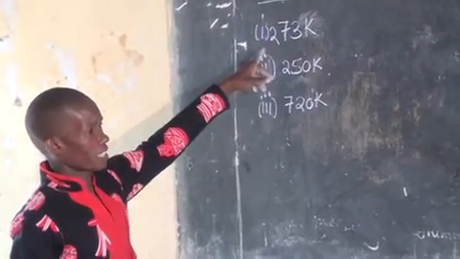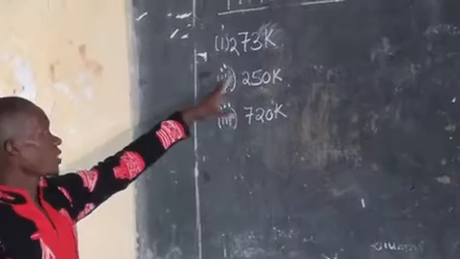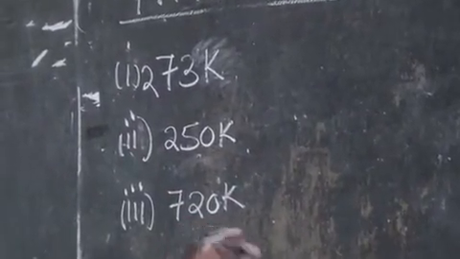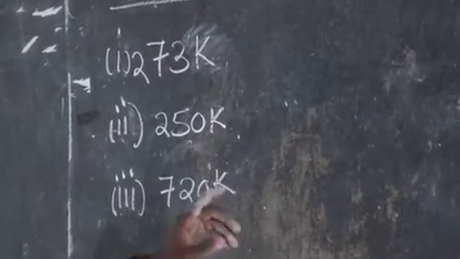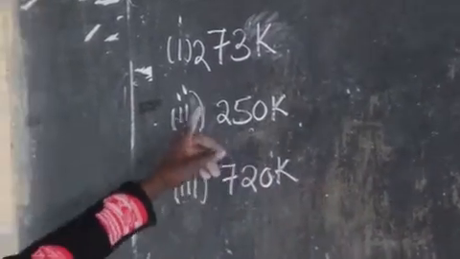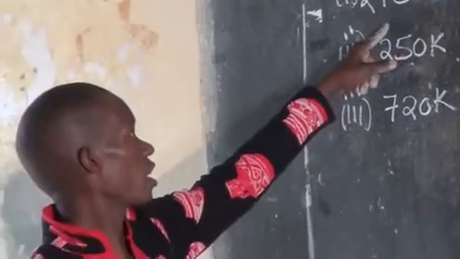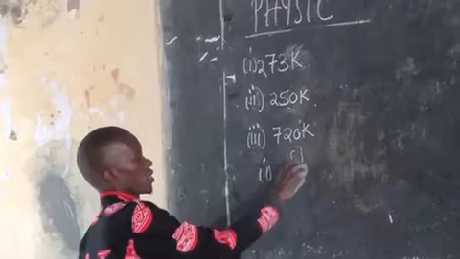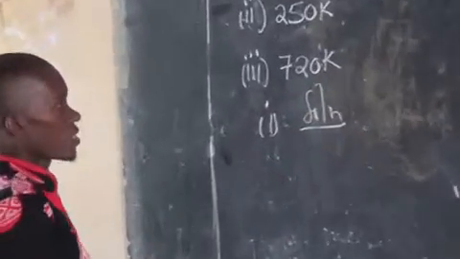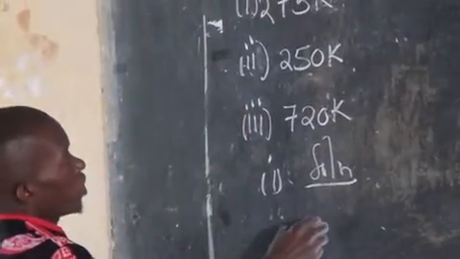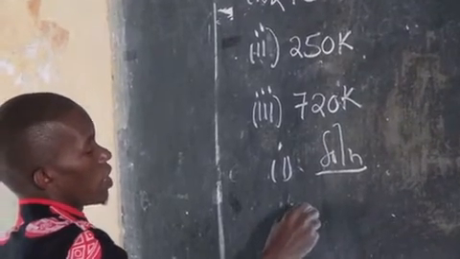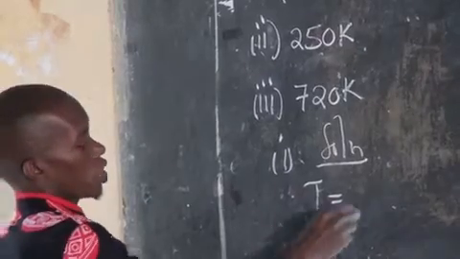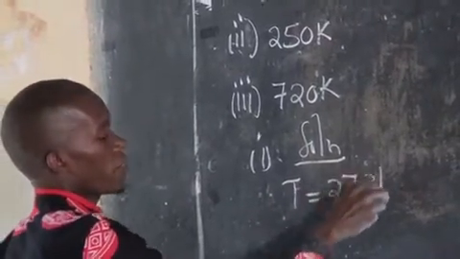So this one, don't think a lot. Even you can calculate. You apply that formula. Now here, at first, I will try number 1, and you try the rest. In our solution, capital T is 273 Kelvin.